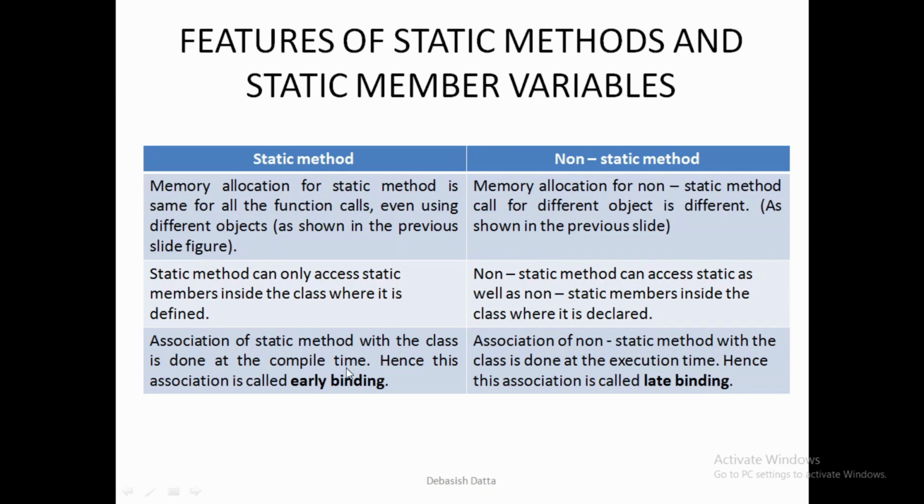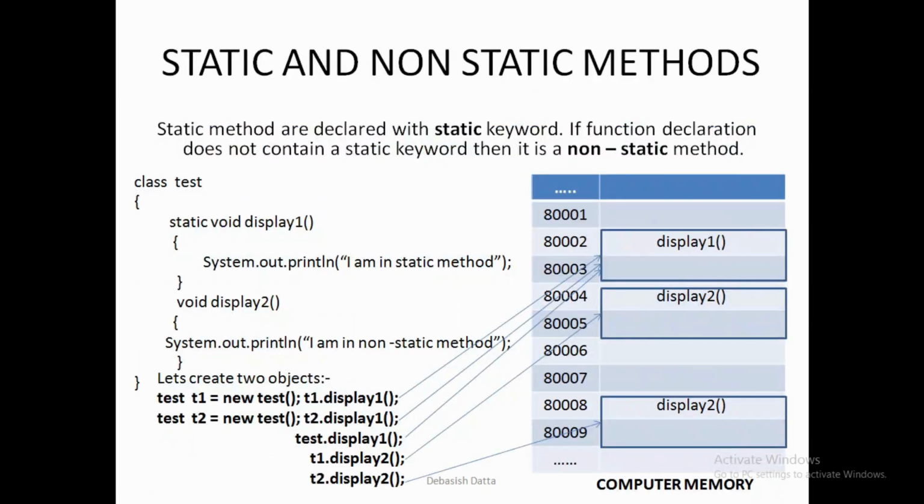This is important. Let's go back to the previous example. Here you can see the display2 method. The memory reservation for the display2 method has been done twice in the computer memory.